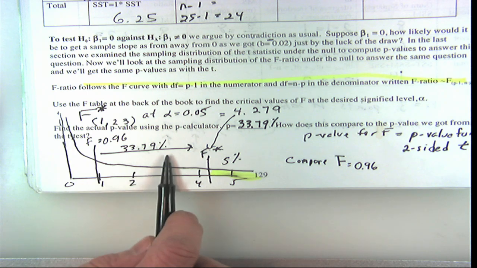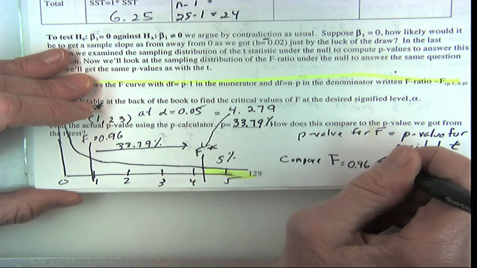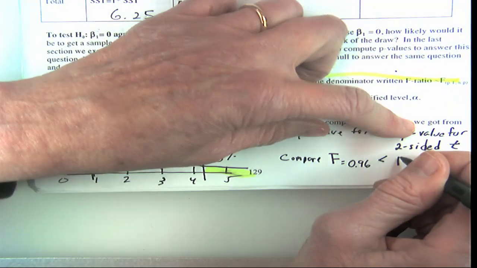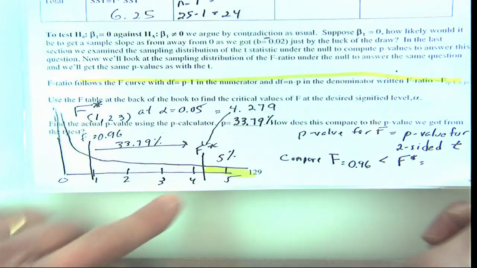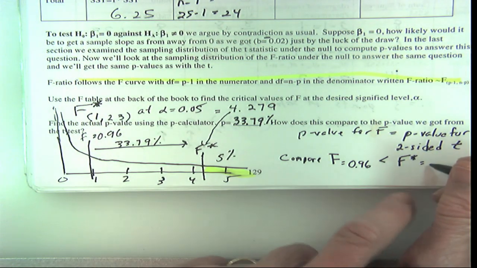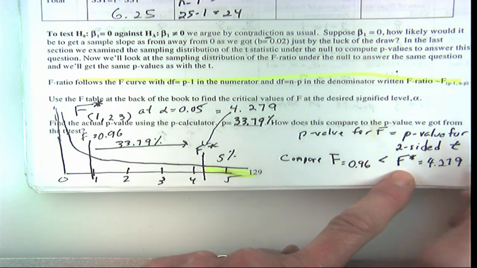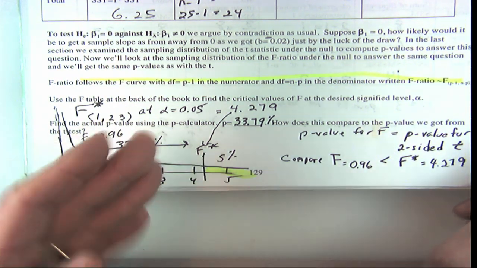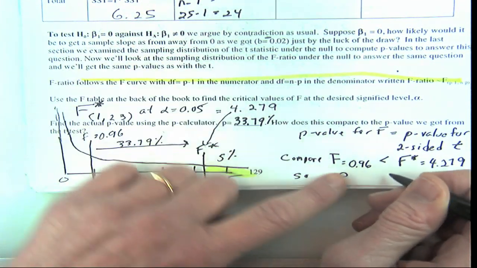But we'd have to go really far and get more evidence. So our F was less than F star, which was equal to, from the table, 4.279.